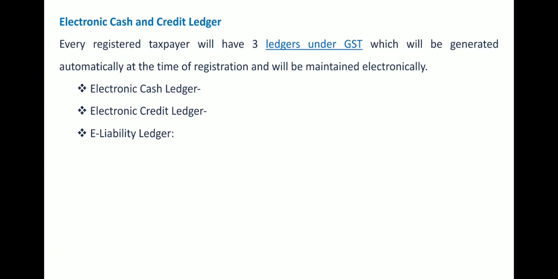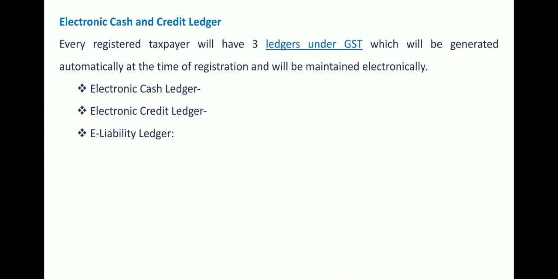There are 3 categories in it: IGST, CGST and SGST. So we have 3 GSTs, right? Those three categories will be reflected in the electronic credit ledger.